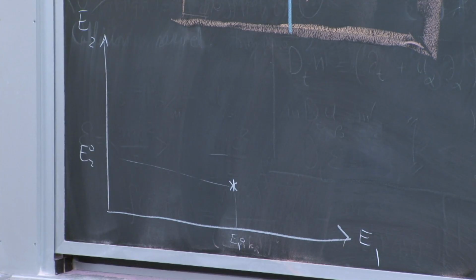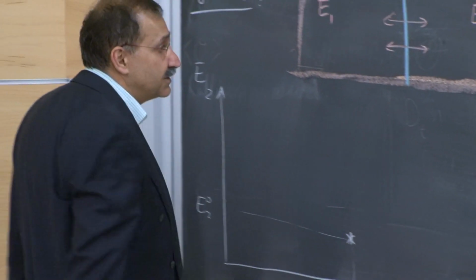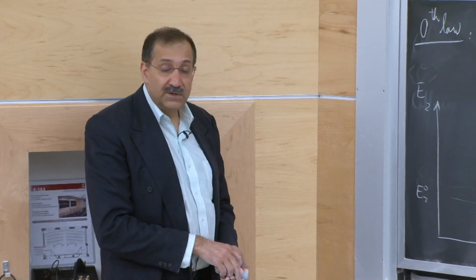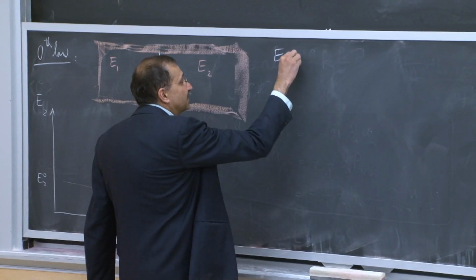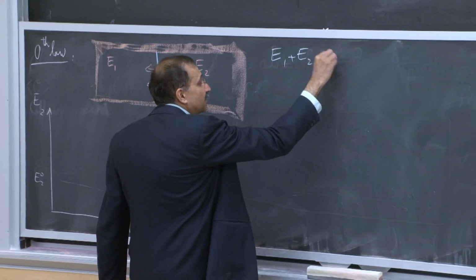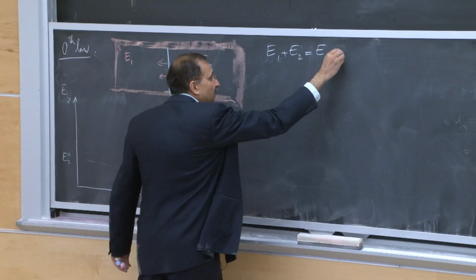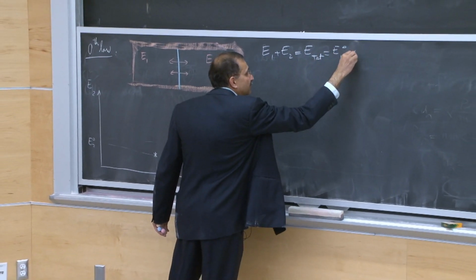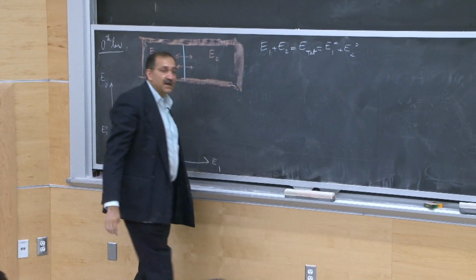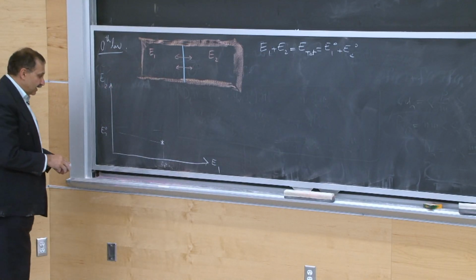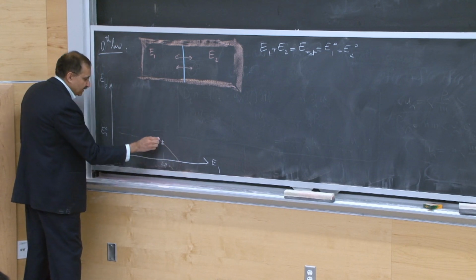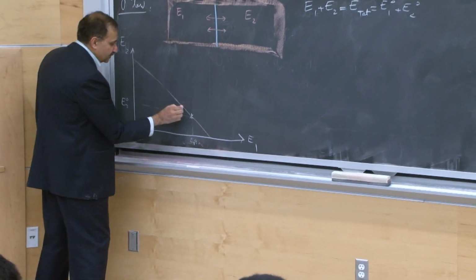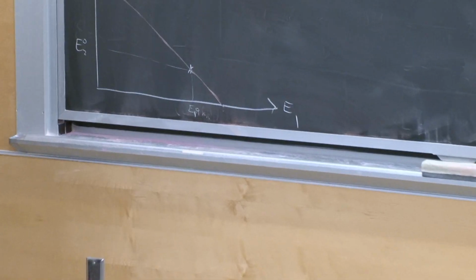Now, as I proceed in time, because the two systems can exchange energy, E1 and E2 can change. But certainly, what I have is that E1 plus E2 is some E total, that is E1,0 plus E2,0. Which means that I'm always exploring the line that corresponds to E1 plus E2 being a constant, which runs at 45 degrees along the space. Okay?